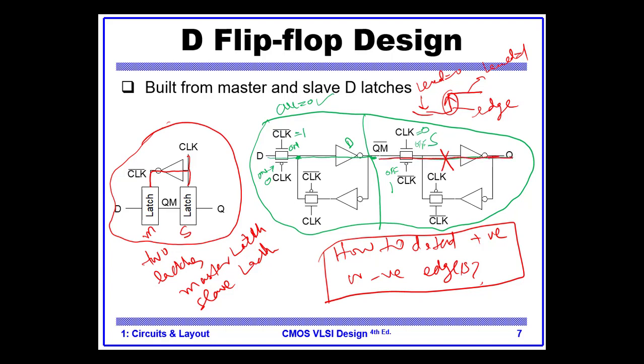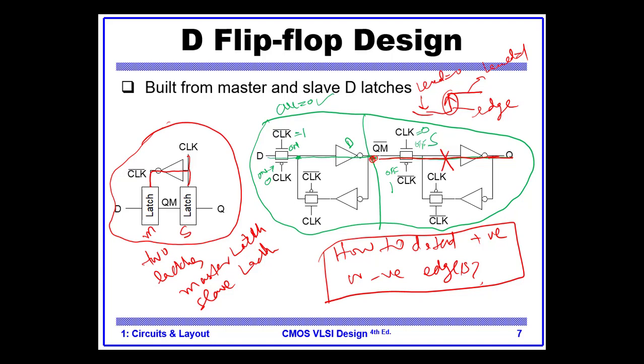What is the reason? Because the slave is in memory mode. The slave is not transparent. So the input comes to this point, but it cannot go to the output because there is no path offered by the slave. So it has to wait.